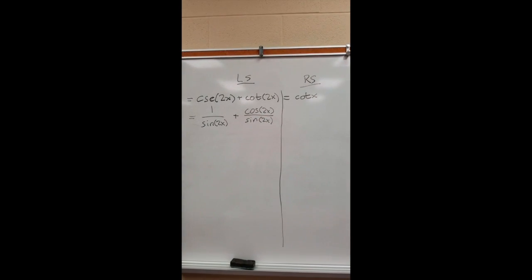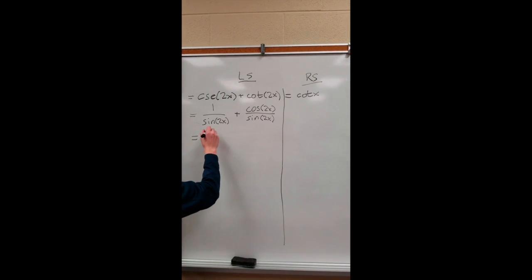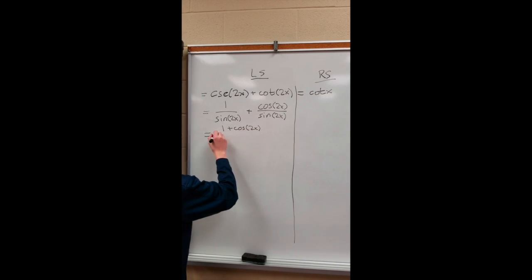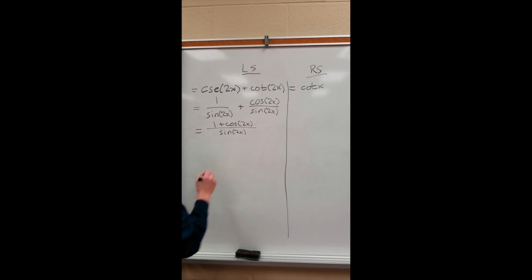If you notice, we have a common denominator already, so we can combine the equations. It's equal to 1 plus cos 2x on the numerator, and we just have sine 2x.